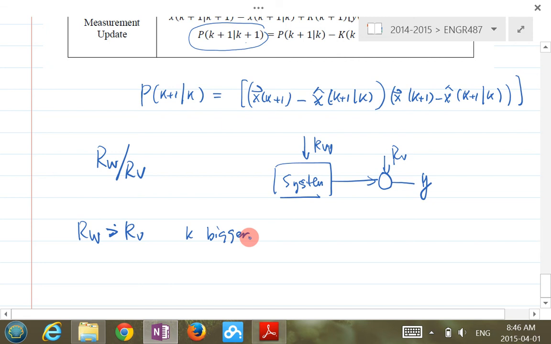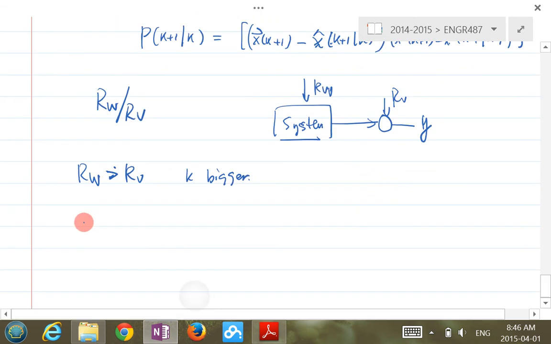On the other hand, if RW is less than RV, what you know is that my sensor is contaminated with much more noise. What would you do in that case? Would you still try to use that information from the sensor as much as possible, or would you reduce it?